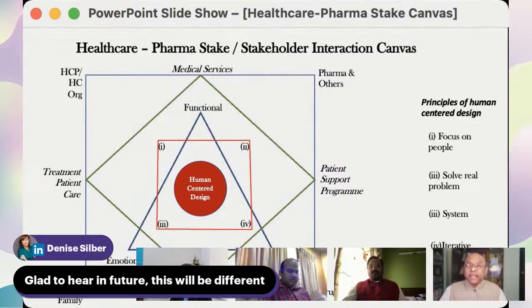If you bring all these things together, what is the experience we want to provide? The first angle of the triangle is that the patient or the doctor or your customer must get a functional value, a functional benefit of whatever you are offering. But it is not enough.